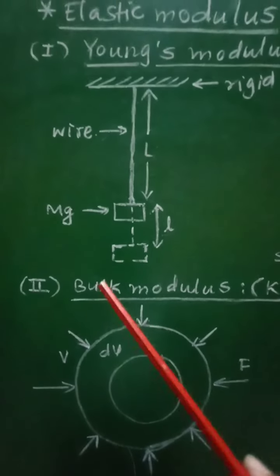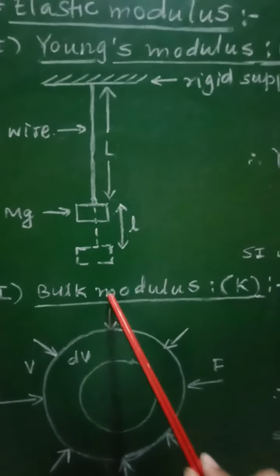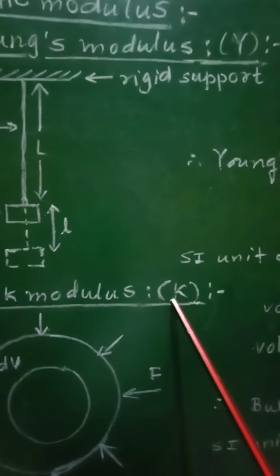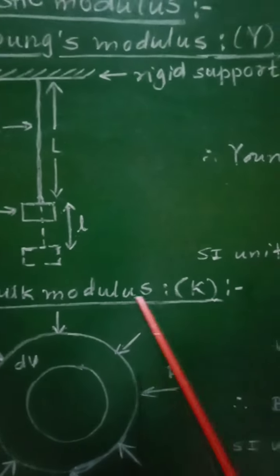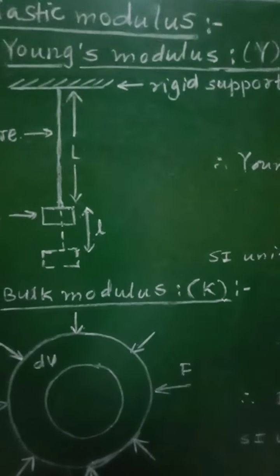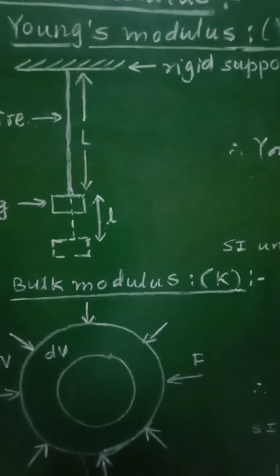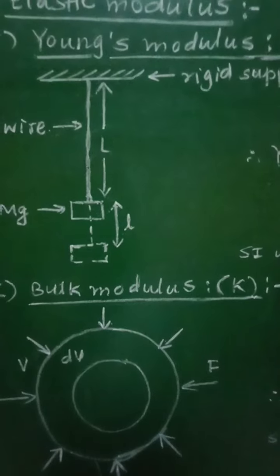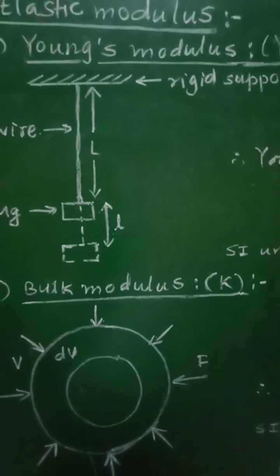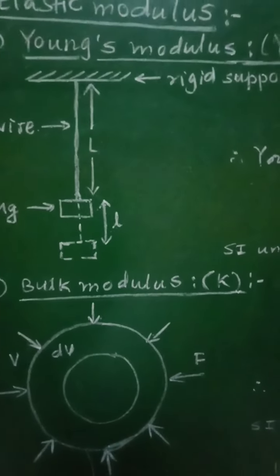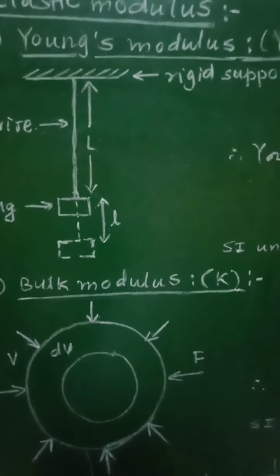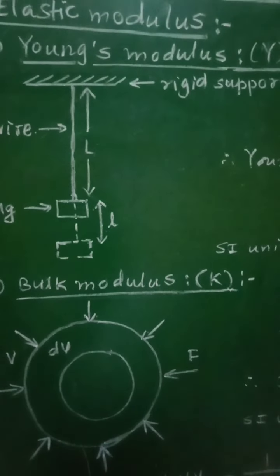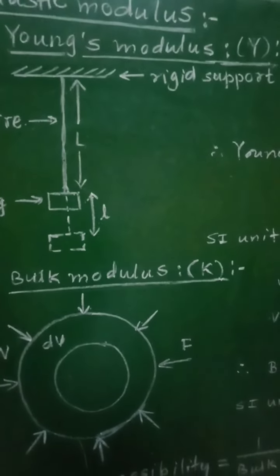Now let us consider the second, that is bulk modulus, denoted by K. If there is change in volume of any object or body due to the application of the deforming force, then we can define bulk modulus. So in order to define bulk modulus, there must be change in volume of the body.